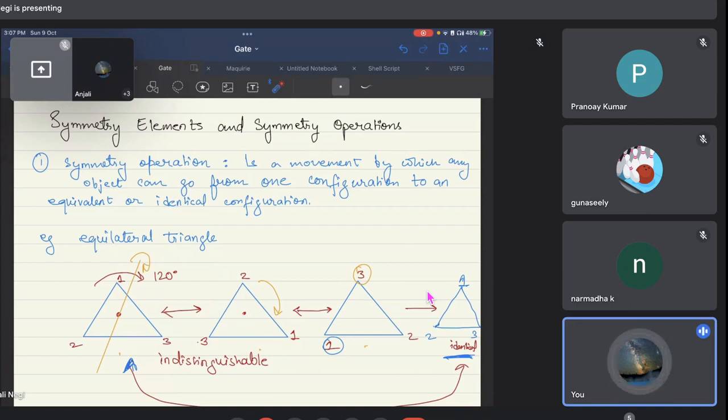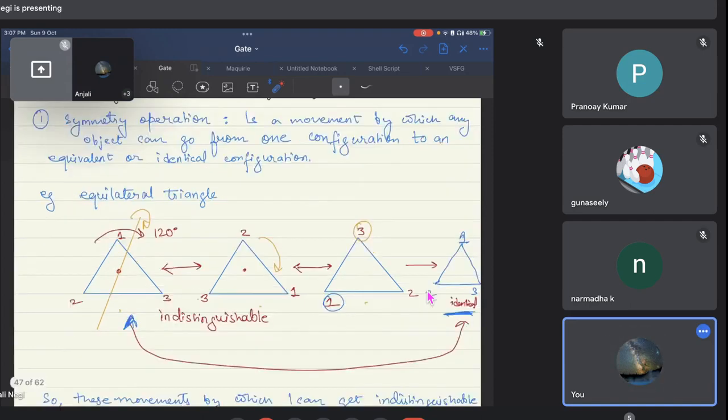Again, if I do this 120-degree rotation about that particular axis, I will get a different configuration because I have tagged them, and this is again indistinguishable. When I rotate my triangle again, I will get the identical one, as in the first one.